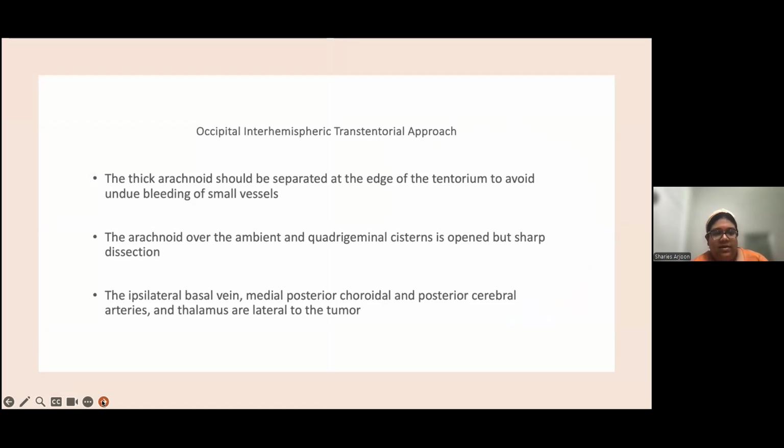The thick arachnoid should be separated at the edge of the tentorium to avoid undue bleeding of the vessels, and the arachnoid over the ambient and quadrigeminal cisterns is opened by sharp dissection. The ipsilateral basal vein, medial posterior choroidal, and posterior cerebral arteries and the thalamus are lateral to the tumor.